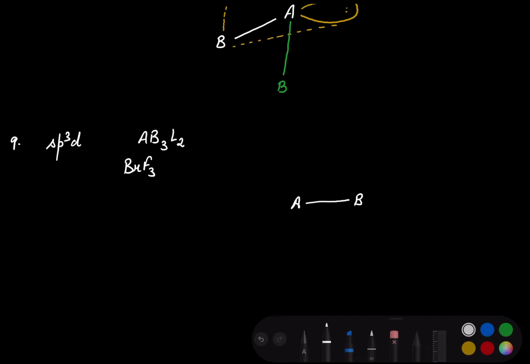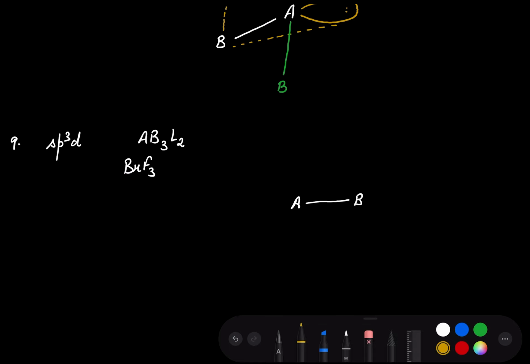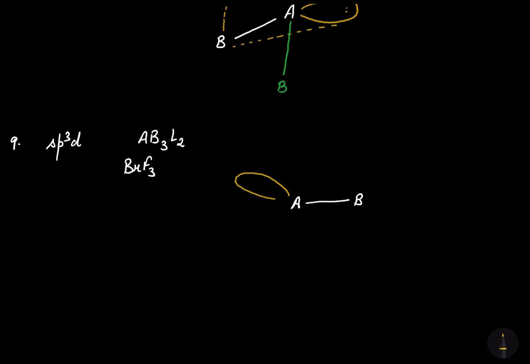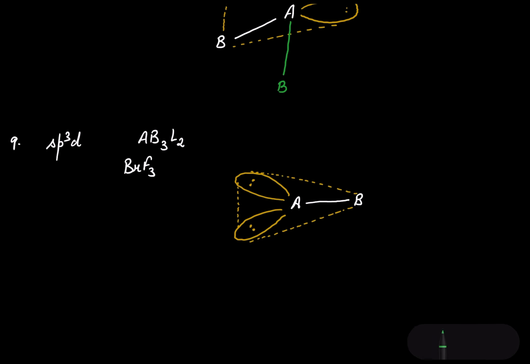Now we are having two lone pairs, then those two lone pairs will hold the two equatorial positions, lone pair and lone pair. Let me link these. Now I'm going to draw the other two B's.